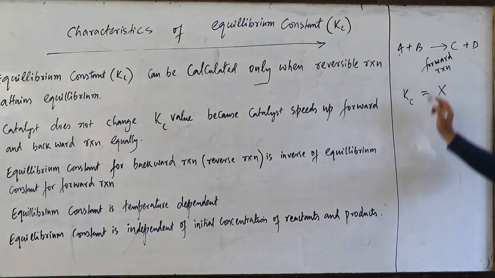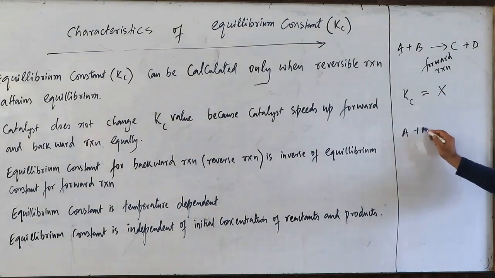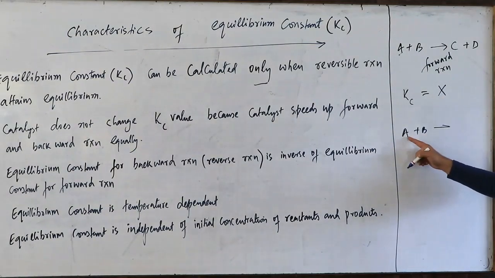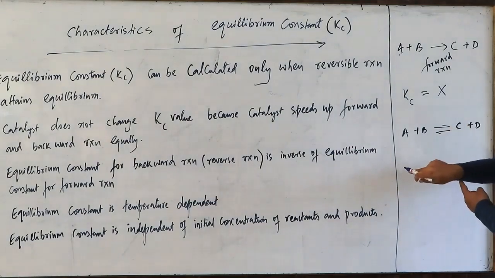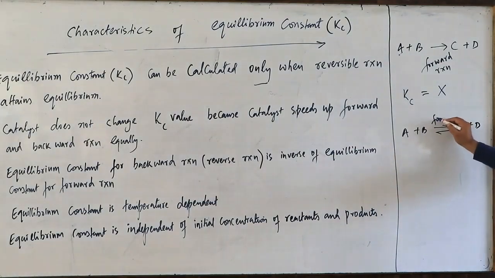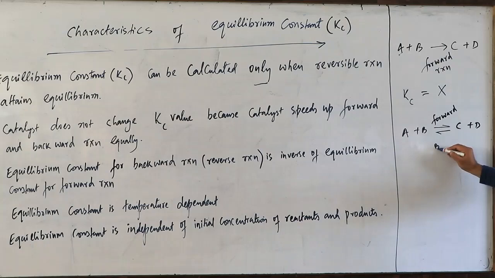But if I take the reaction like A plus B reacts to give me C plus D, and C plus D interact with each other and give back A plus B. That means it has a forward direction as well as a backward direction.